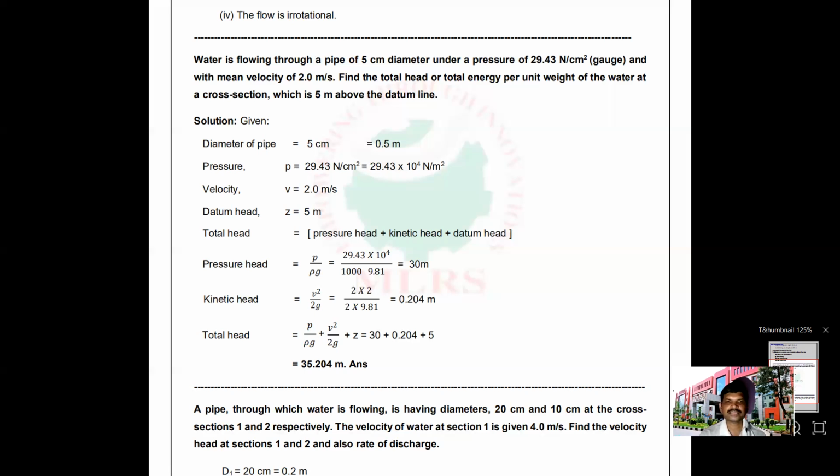Next, g is 9.81. Next, velocity is also given, 2, so you can square it: 2 square divided by 2 into 9.81. Next, Z is also given in the question, 5 meter. So the summation of all these values, we can easily get the answer 35.204 meter. That's all.